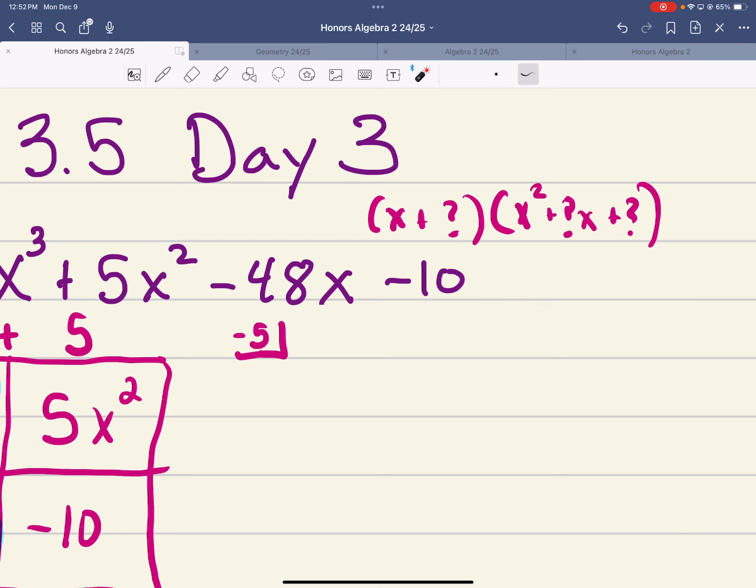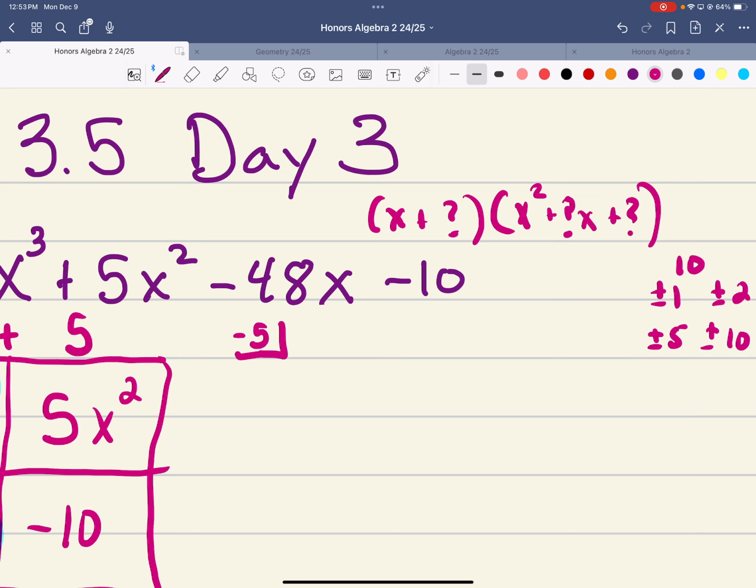So if I list the factors of 10 or -10, those could be the possible zeros. My factors of 10 are positive and -1, positive and -2, positive and -5, and positive and -10. Those are all of the factors of 10, so all of these have the possibility of being one of the zeros.